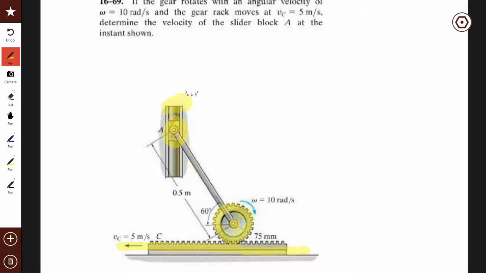Velocity. You want a dot of A. By the way, in order to know where A is, you got to know 2 positions. Do you know 2 positions? Yeah, so you know this guy and you know 60 degrees, right? So I think I've got everything I need for that one.